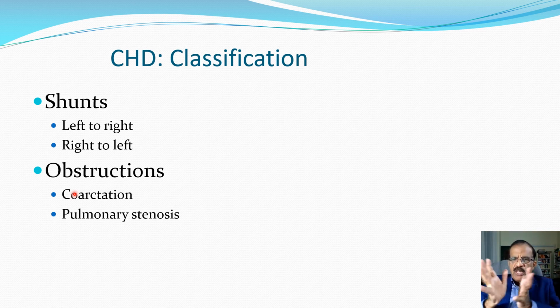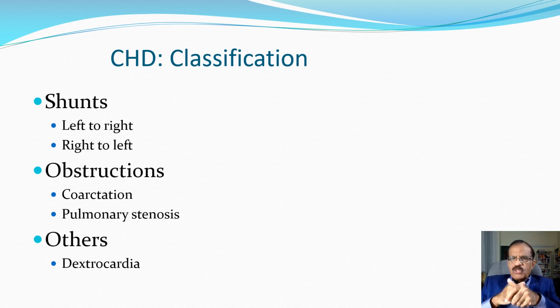So there will be no shunting, but there is just stenosis. Similarly, there may be congenital pulmonary stenosis. Pulmonary stenosis could be rheumatic also, but mostly it is congenital. So these two conditions are characterized by simple obstruction in the flow, no shunting.